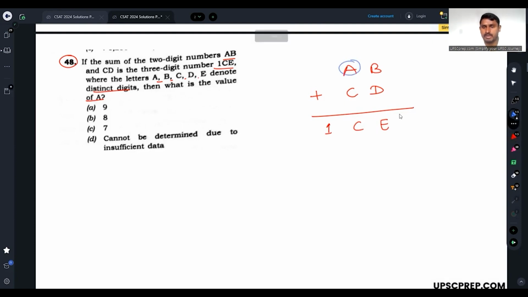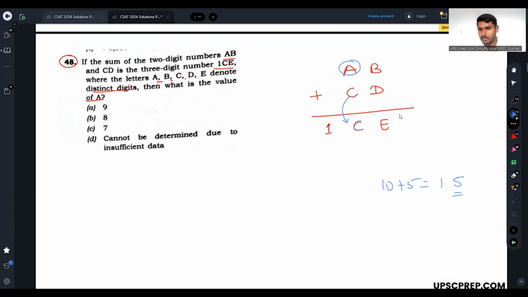See now, if you observe closely, we are getting A plus C giving the same number as C. C is getting repeated here, right? When is it possible? It is possible only in a case where you are adding 10 to the number C. Let's say for example, if you want to get 5 in the end, you have to add 10 plus 5, so you will get 15.